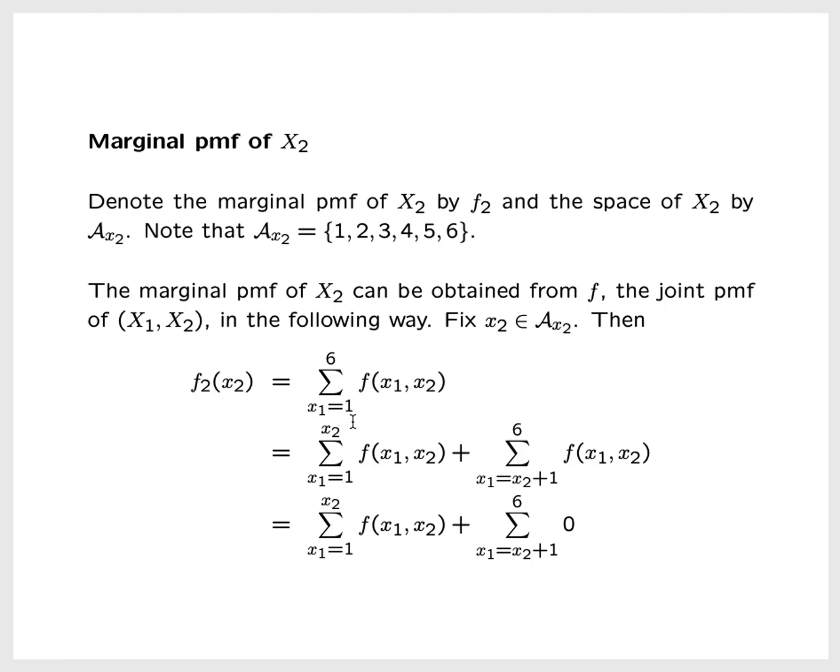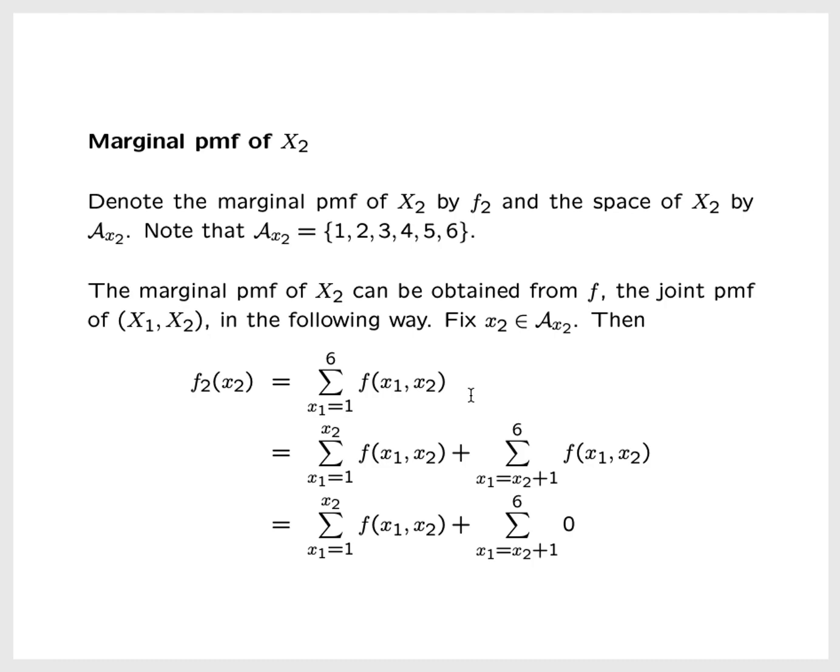And so that's what we're doing here. The marginal PMF of X2 at a particular value of X2 in its sample space is given by the sum, X1 going from 1 up to 6, of the joint PMF evaluated at each of these values of X1 and the given or specified value of X2.